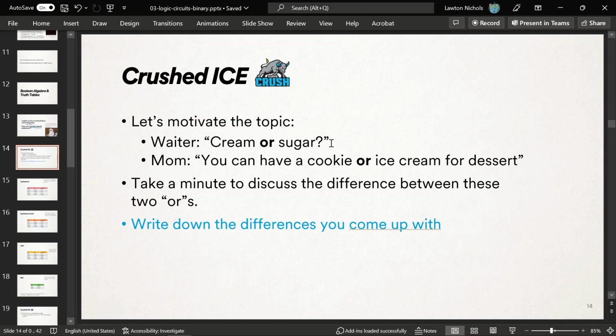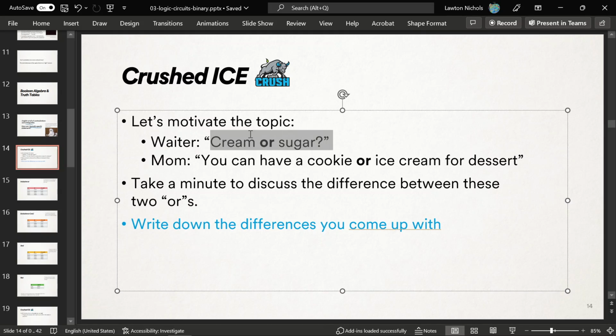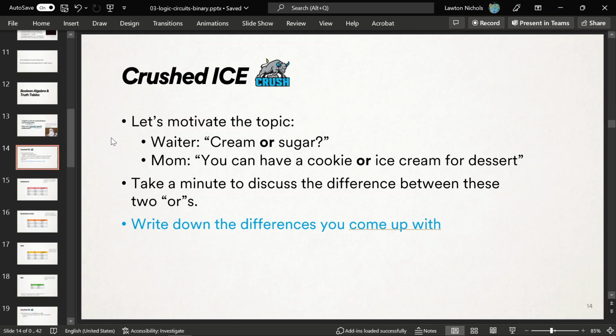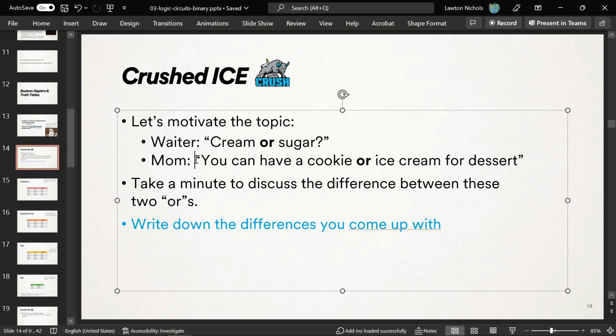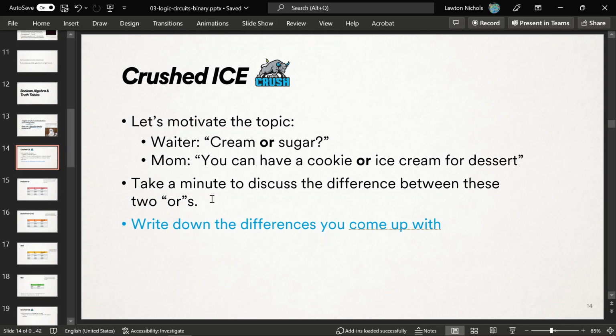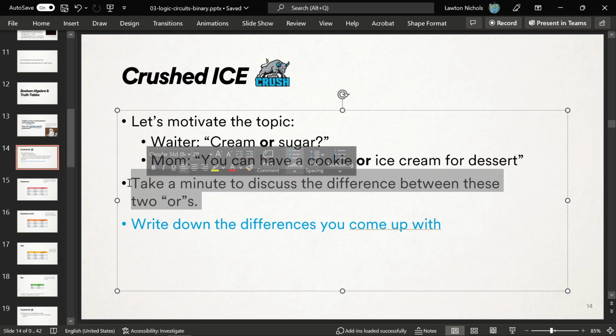So you go to a restaurant or you go to a cafe, and the waiter asks you, "Would you like cream or sugar?" Okay, that's one sentence. And then you're at home, and you're still a child, and your mom says that you can have a cookie or ice cream for dessert. Okay, so as a peer instruction group, get together with the people nearby, introduce yourself, say hi, and discuss the difference between those two ors.